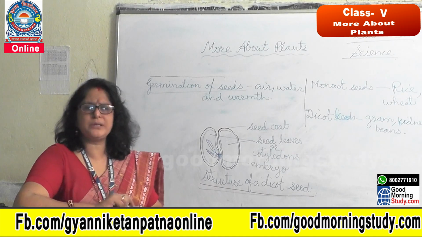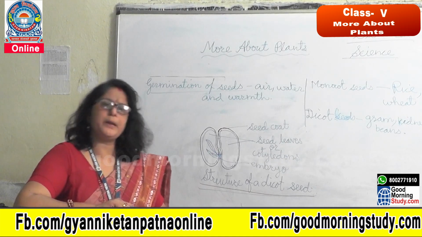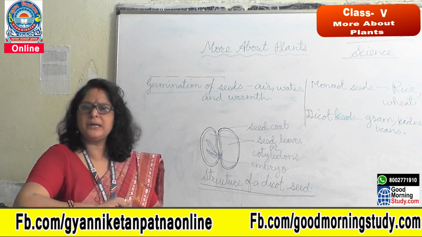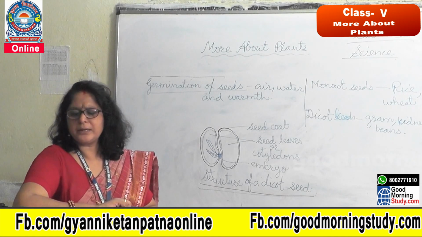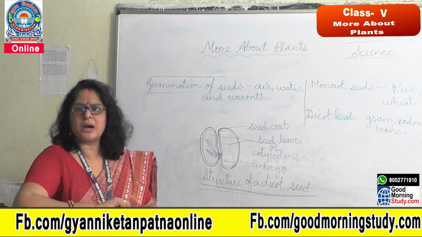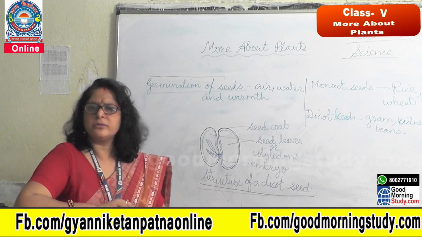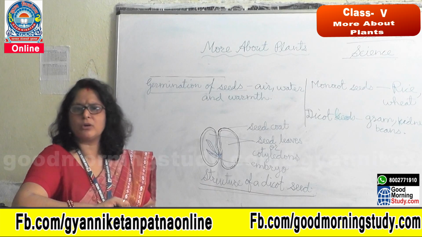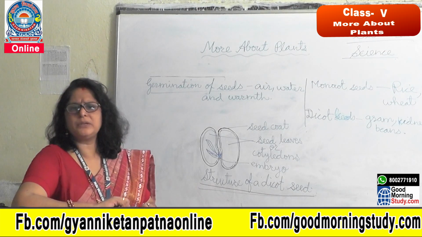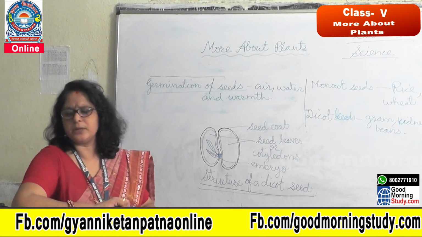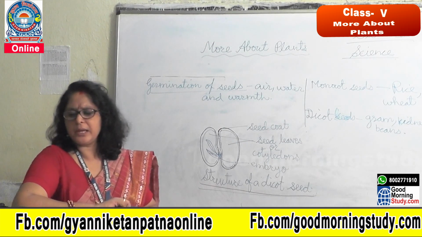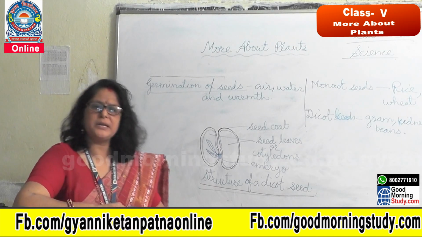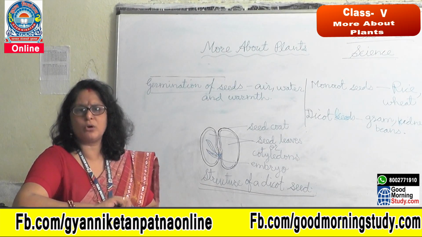After 2 days you will see that in bowl A nothing is happening, the seed is not germinating. But in bowl B, the seeds started germinating because wool provides warmth, wet cotton is there so water is also available, and air is already present in the environment. But in C, water is there, seeds are there, but warmth is not there.